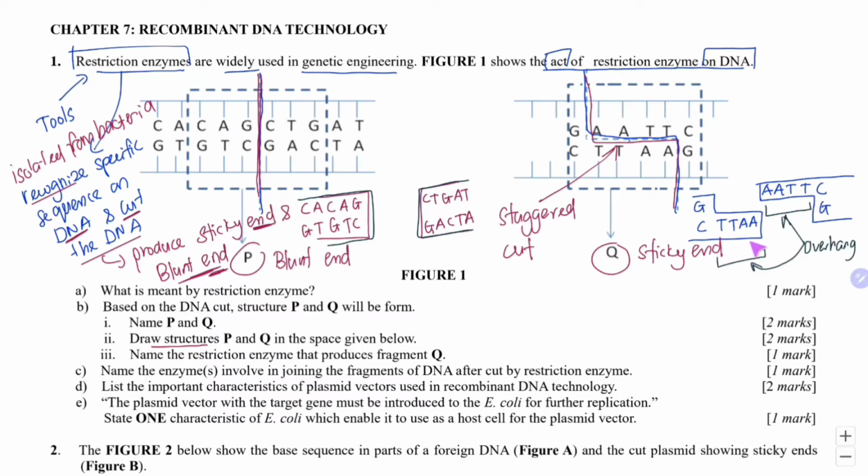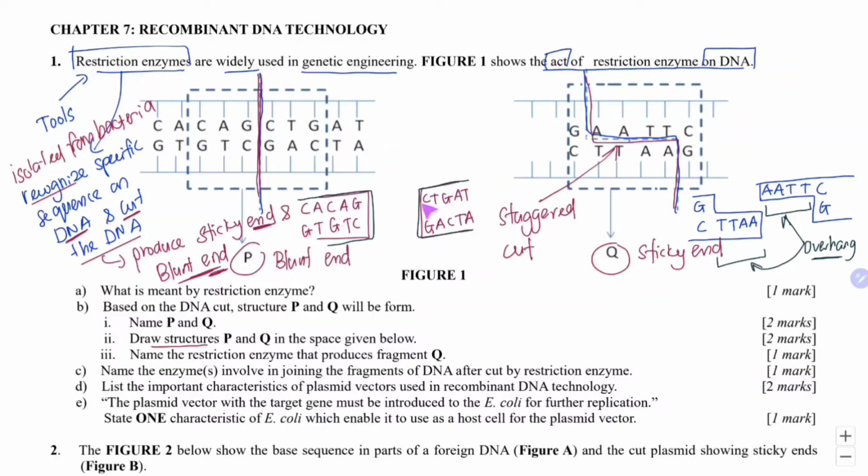Okay, satu benda yang awak kena take note untuk sticky end adalah dia ada overhang, iaitu this section of the DNA that has no base pairing. So TTAA ni dia single strand saja, dia tak ada double strand kat sini. So ni pun sama. So ada dua overhang. So itu karakteristik yang sangat penting untuk sticky end. Kalau blunt end, dia semuanya ada base pair.